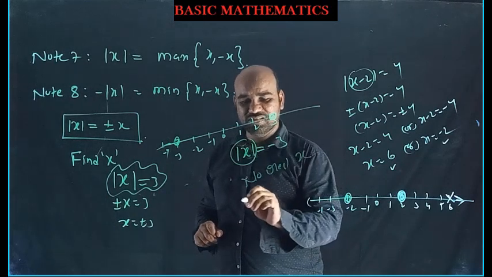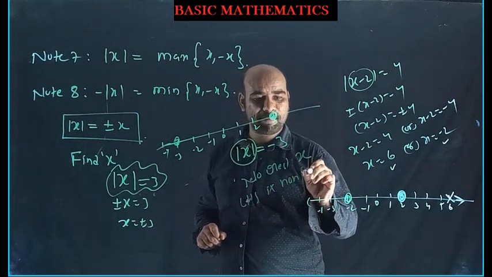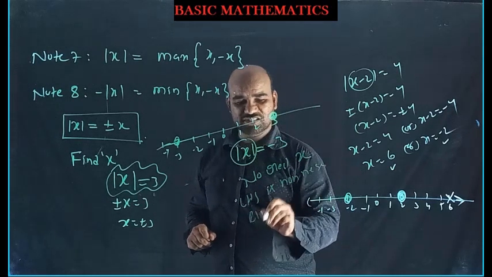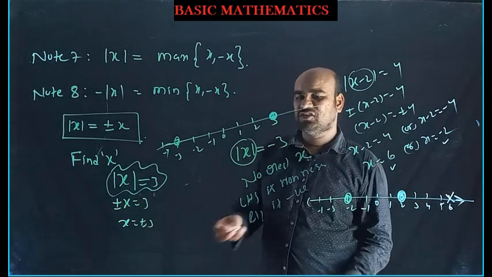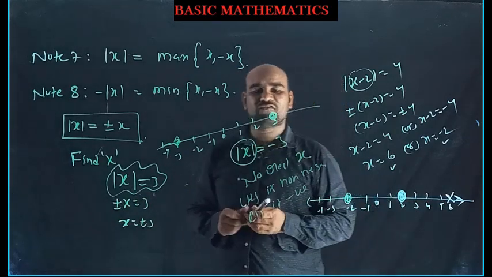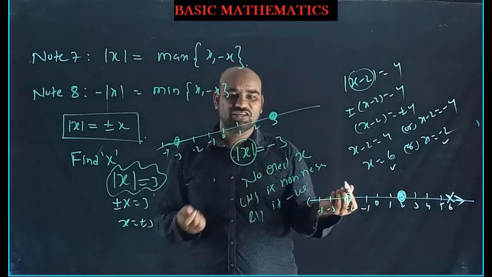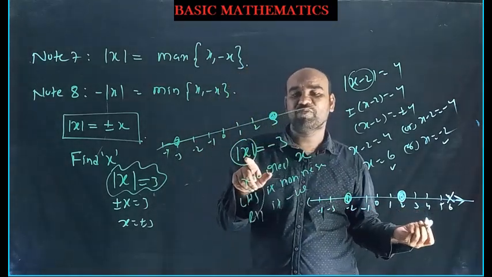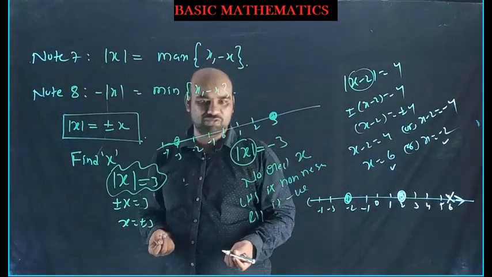The reason is LHS is non-negative, RHS is negative. That's why there is no x which satisfies mod of x equal to minus 3. Geometrically also you can say there is no real number x whose distance from origin is minus 3. Distance cannot be negative.